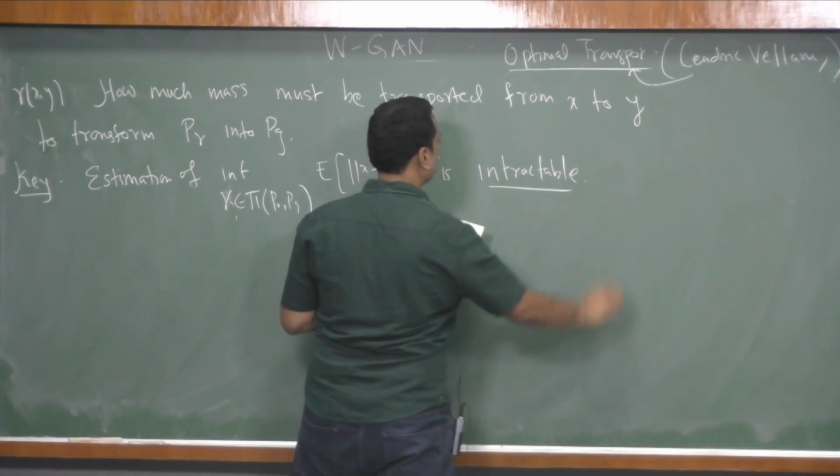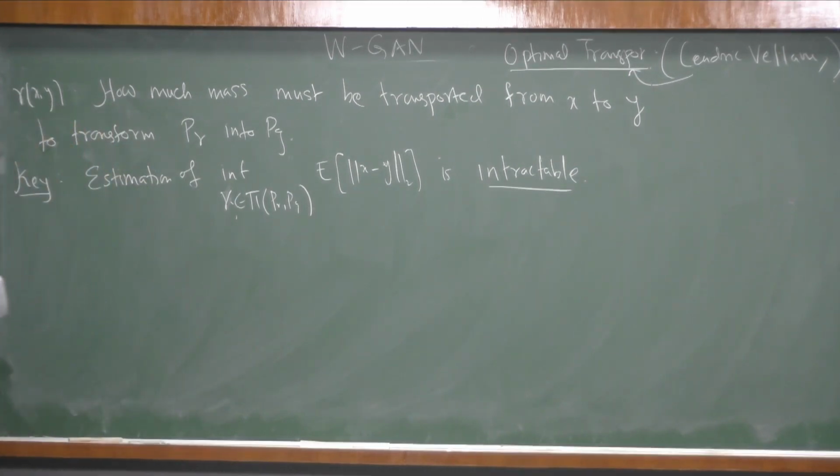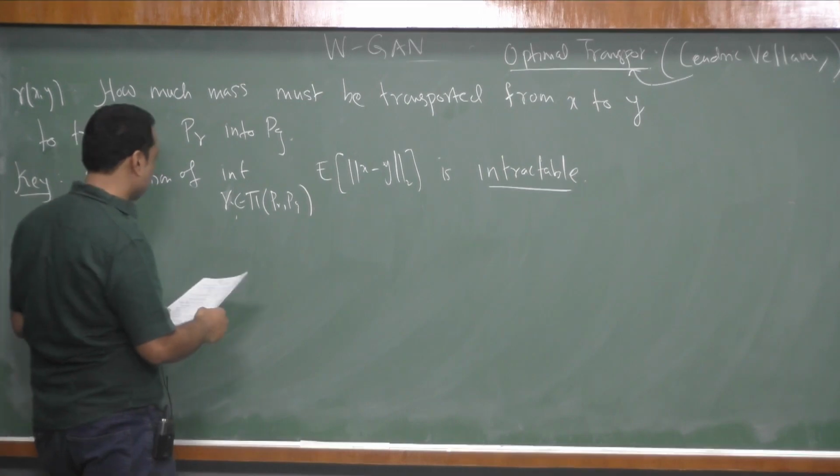It is not possible to do this. I mean, obviously, how much search will I do over all possible joint distributions and so on? That's not doable in practice. So we have to do something that can be developed into an algorithm.